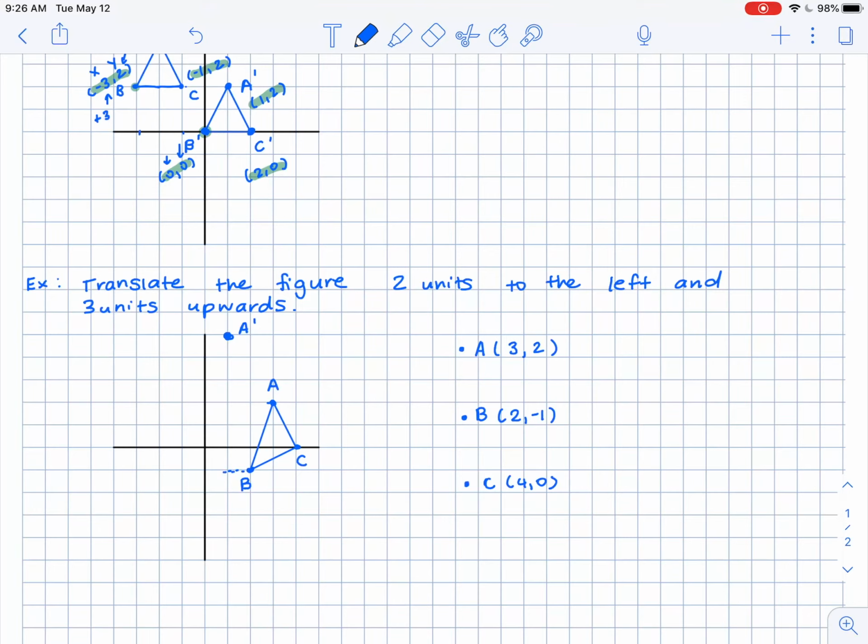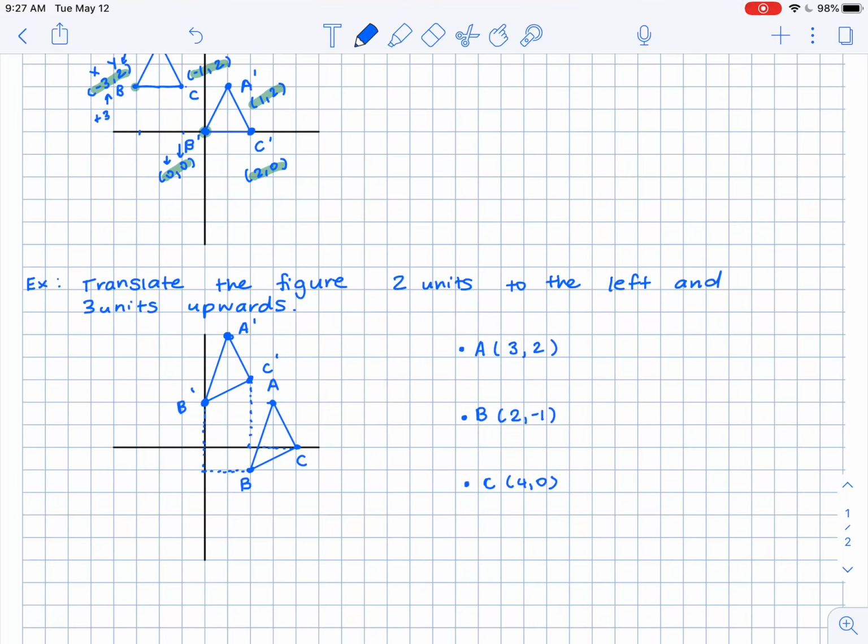Now our new B. 1, 2. 1, 2, 3. There's our new B. And lastly C. 1, 2. 1, 2, 3. This is our triangle translated 2 units to the left and 3 units upwards.